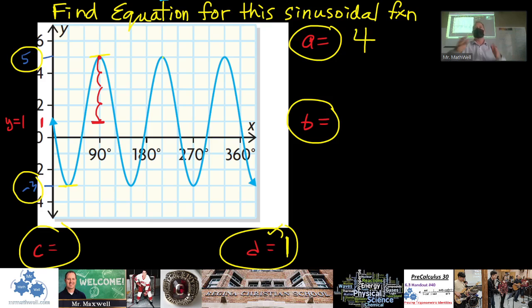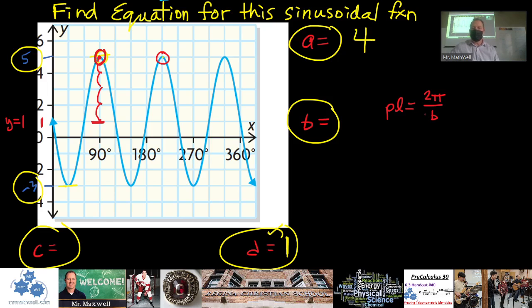Now, B, we know, is related to the period length. You could find the period length pretty easily by taking the distance from this peak to this peak. But that's the period length. That's not B. So this is what we have to remember: when finding B, the period length equals 2 pi over B. That's what connects B and the period length.